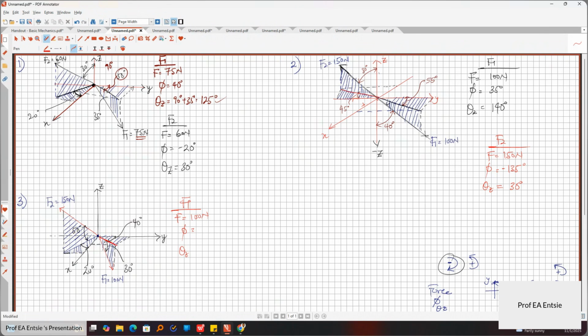So from x to y is 90, but they're giving me from y to the base, which is 40. So the rest will be 50. The 50 will be positive because I will move it like this.